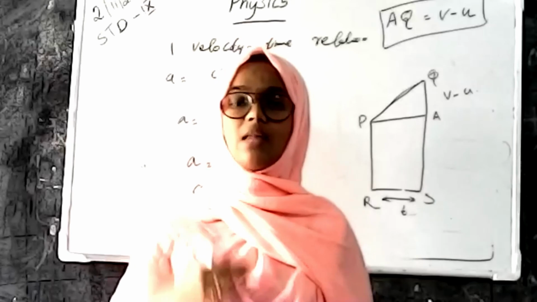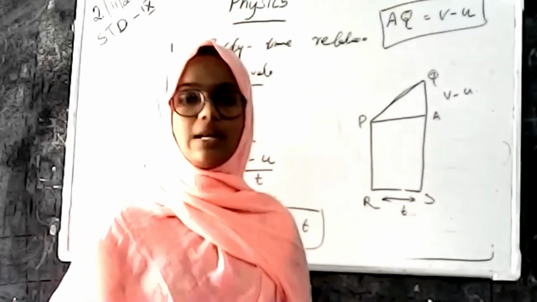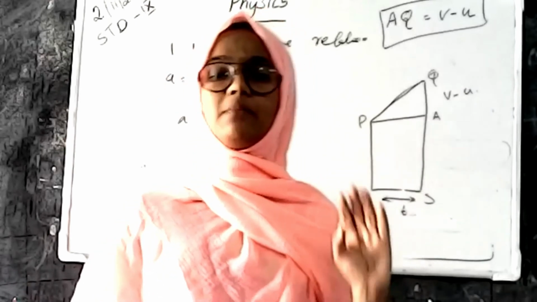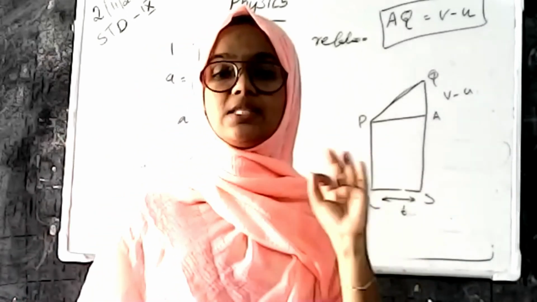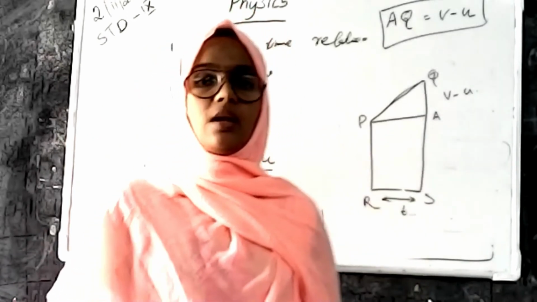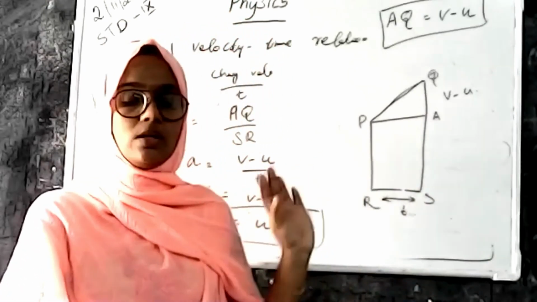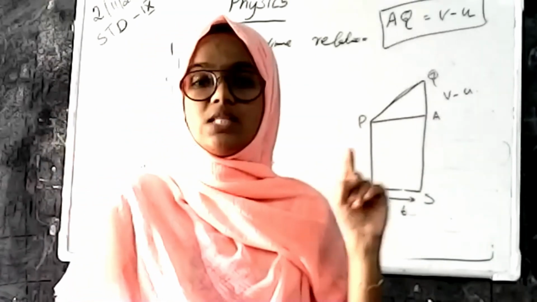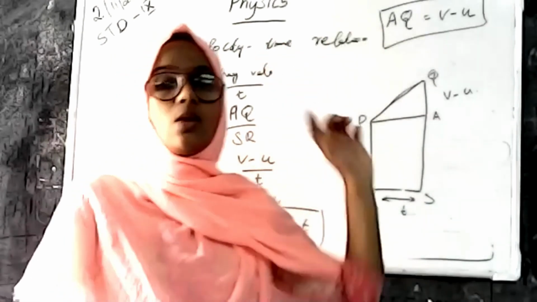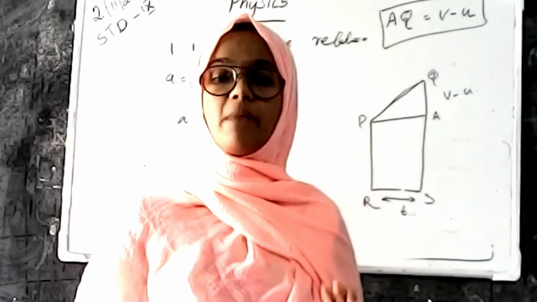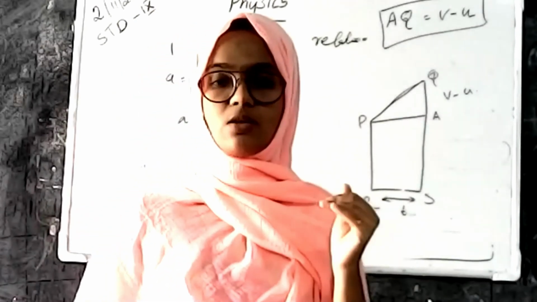For understanding that, we consider a PQRS quadrilateral, and from it we find the substitutions for each side of the trapezium. We got an equation showing the changing velocity. The changing velocity is AQ, and that is equal to V minus U. This is the basic or common equation for deriving the equations of motion.